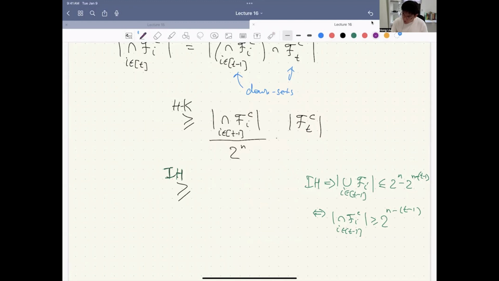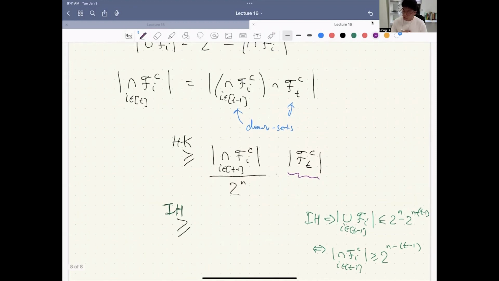Second thing, if you look at this guy, recall Ft is an intersecting family. And for an intersecting family, we have that its size is at most 2 to the n minus 1. This implies its complementary family is at least 2 to the n minus 1.